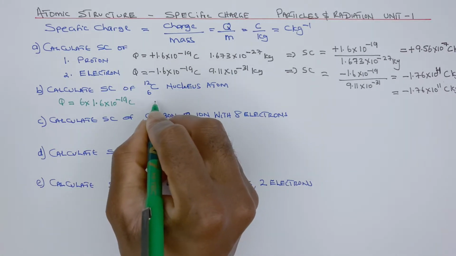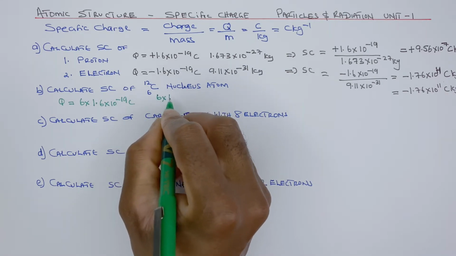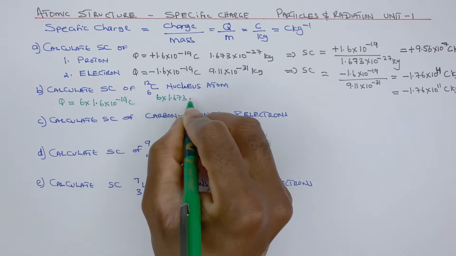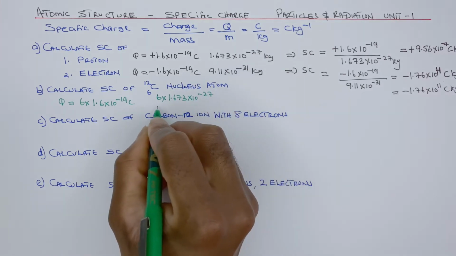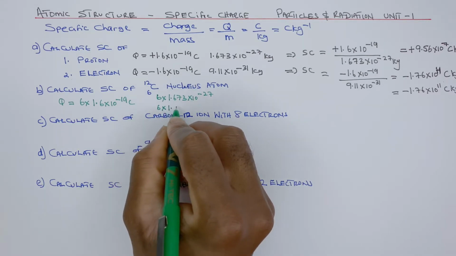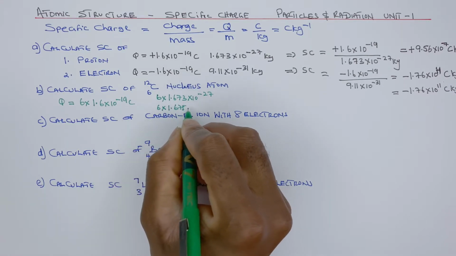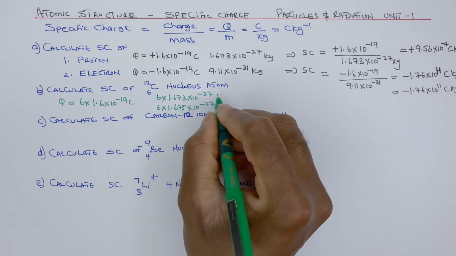For the mass, the protons would be 6 times 1.673 times 10 to the power minus 27, and for the neutrons, 6 times 1.675 times 10 to the power minus 27 kilograms.